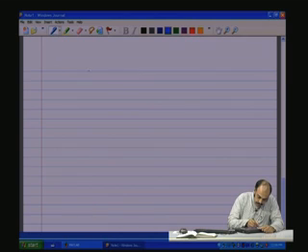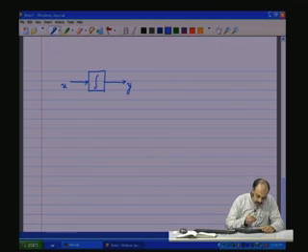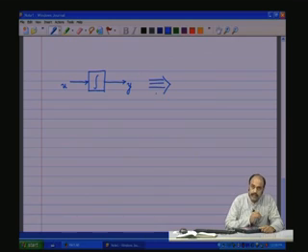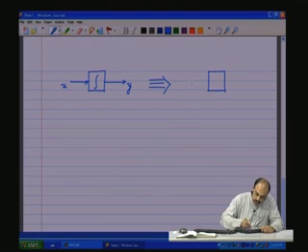Which means we have to transition from a system with u, which is the input in the time domain, y, which is the output in the time domain, and an integrator represented in the time domain, and this should be representable as an integrator in the S domain.